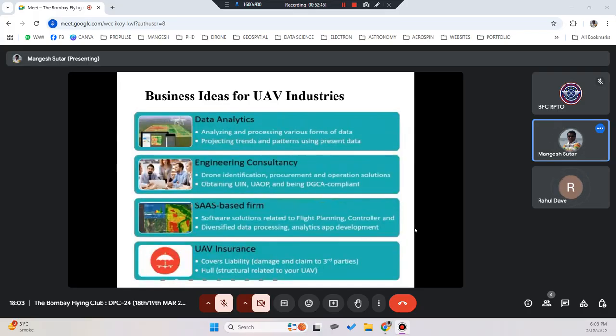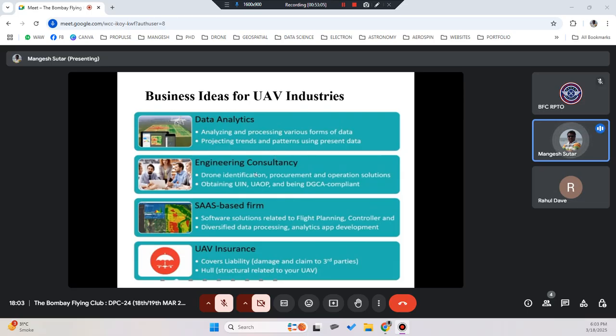Some more: data analytics, analyzing and processing various forms of data, projecting trends and patterns. Based on the data you captured using the drones, you can perform the analytics and provide the reports, or project the trends and patterns to the customers or clients.